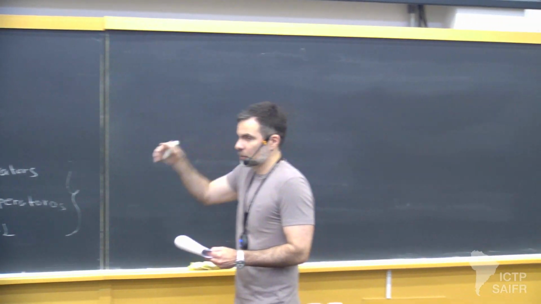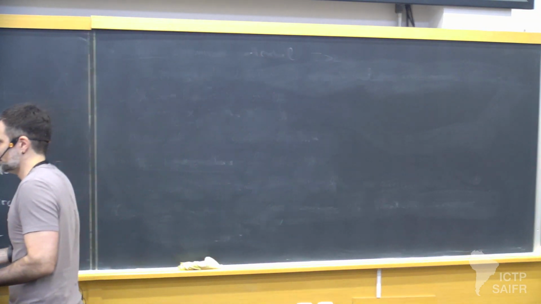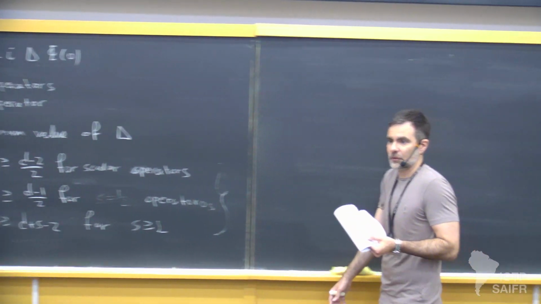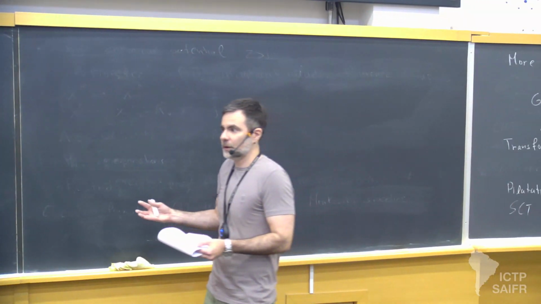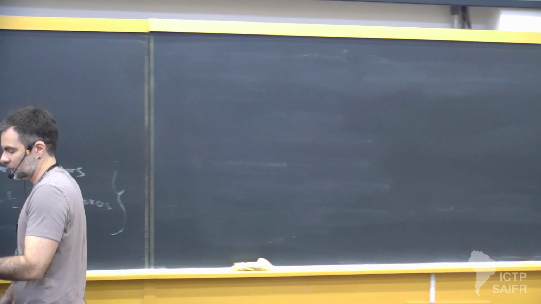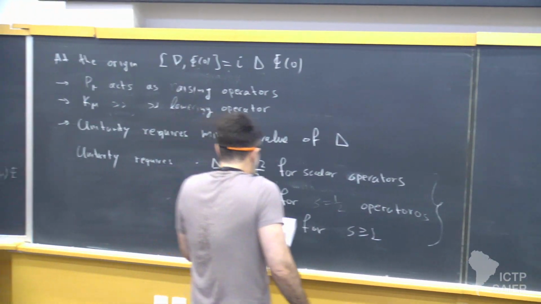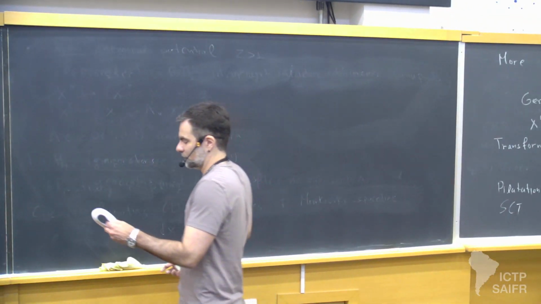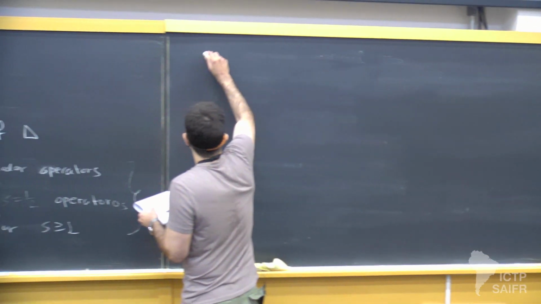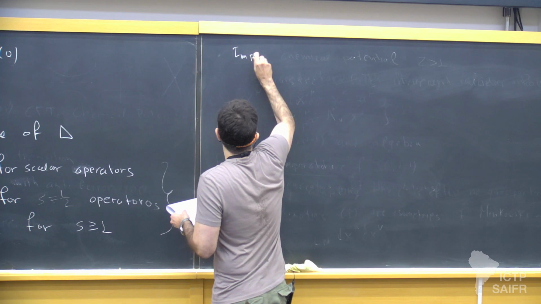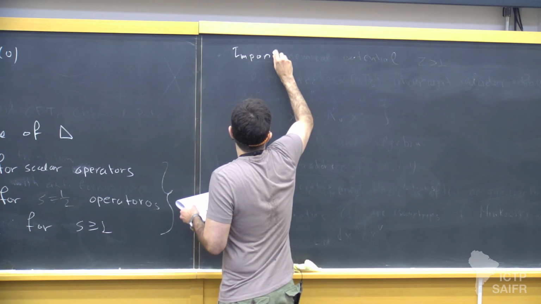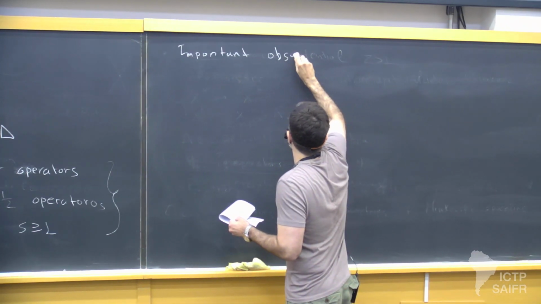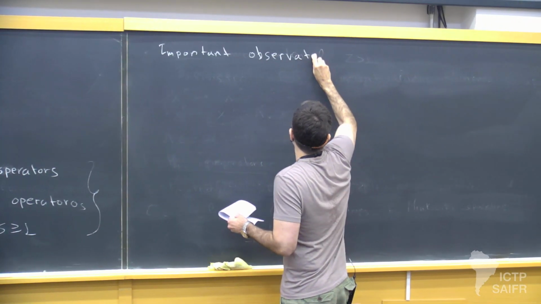So, as you might have seen, this symmetry completely fixes the form of 2-point functions, the form of 3-point functions. That's all you need in the theory to fix the form of these correlators. Now, to get to the point of looking at holographic theories, there is an important observation on how to realize this more geometrically.